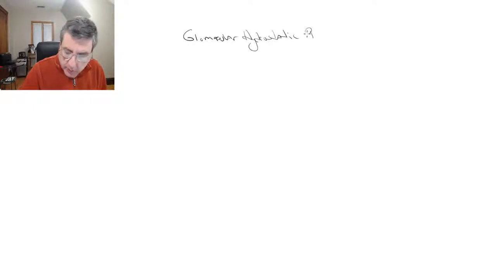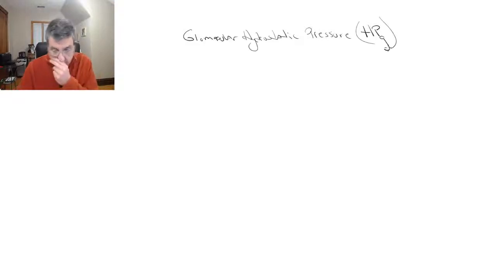So your first variable is going to be glomerular hydrostatic pressure, which is abbreviated hydrostatic pressure with a small g, okay? Now, that is measured at about 60 millimeters of mercury.